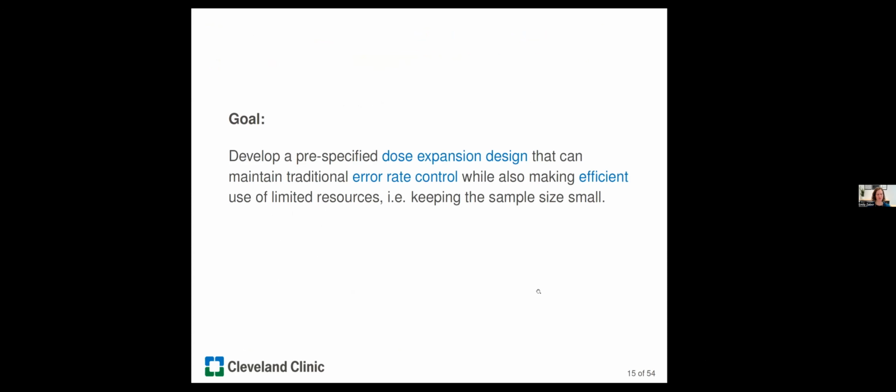So my goal here was to develop a pre-specified dose expansion design that can maintain traditional frequentist error rate control while also making efficient use of limited resources, meaning trying to keep the sample size small.